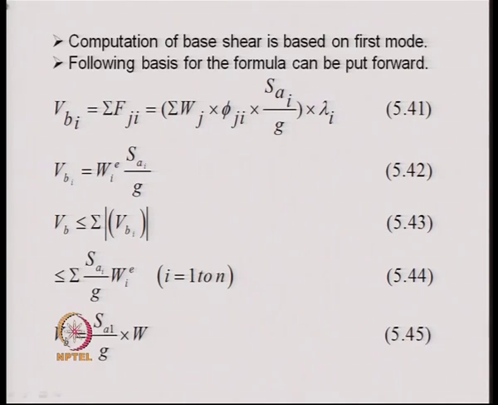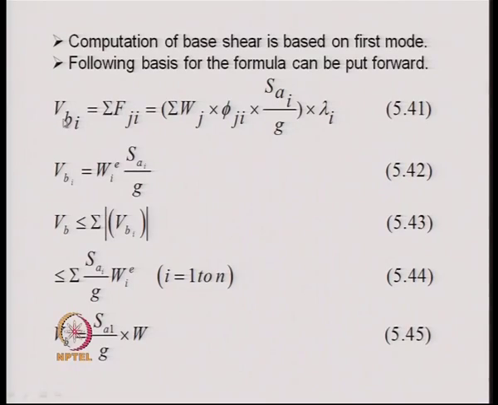Next, the formula that we use for calculating the base shear could also be justified to some extent from the theoretical point of view. If we look at the expression for the base shear in any particular mode, then this is the sum of the lateral forces obtained at different floor levels in the ith mode, and in turn that can be written in this particular fashion which we have just discussed.